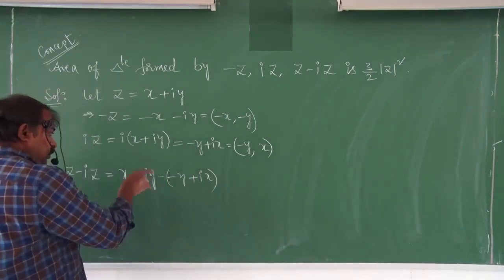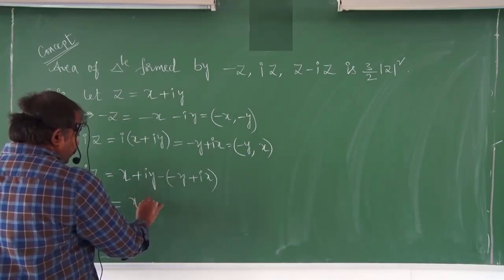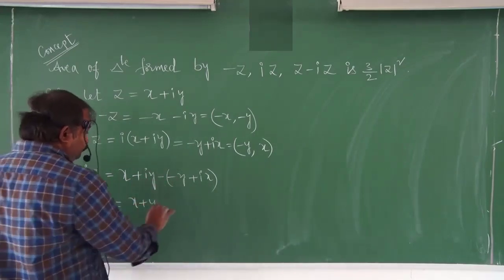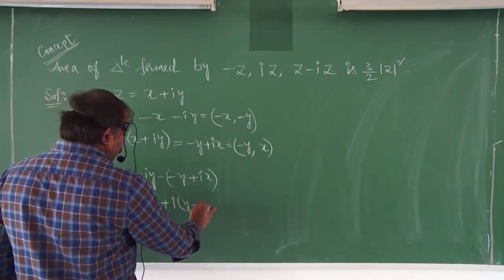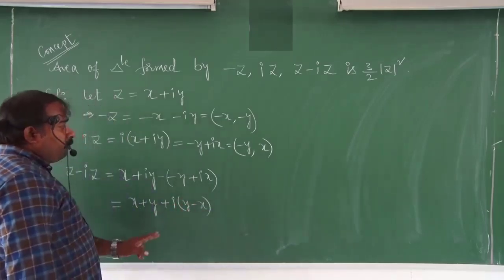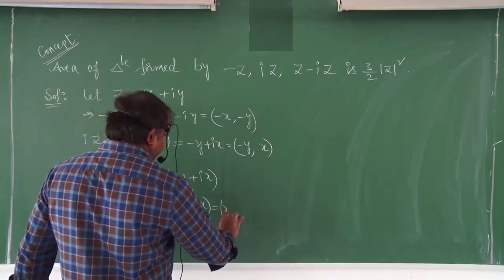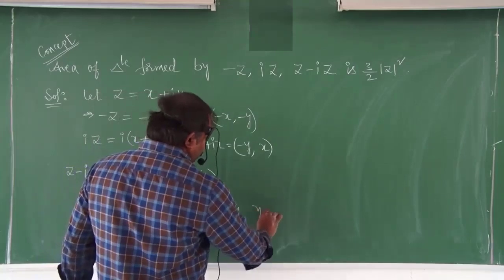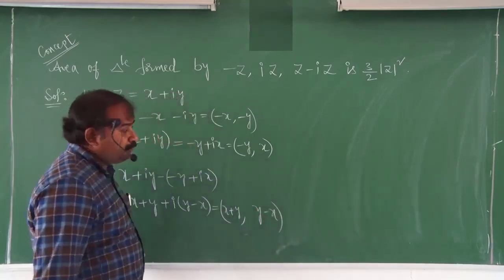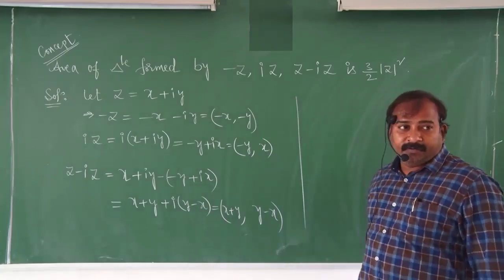If I simplify this, what do I get? x plus y, and if I take i common, y minus x. In point form, how can I write it? I can write it as x plus y, and here the value is y minus x.